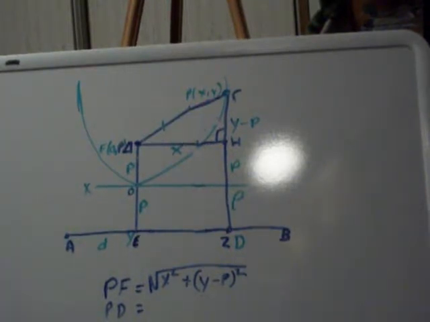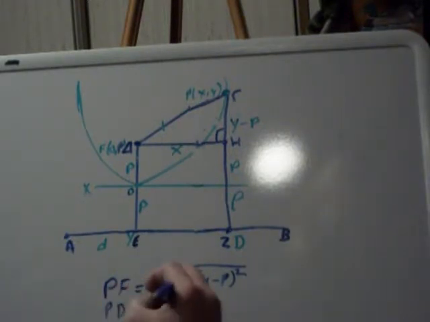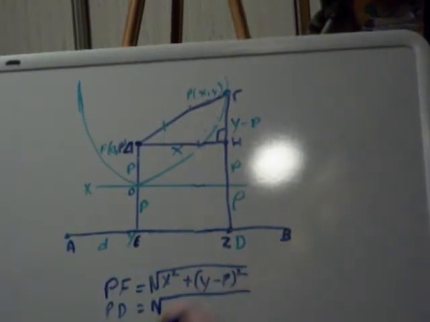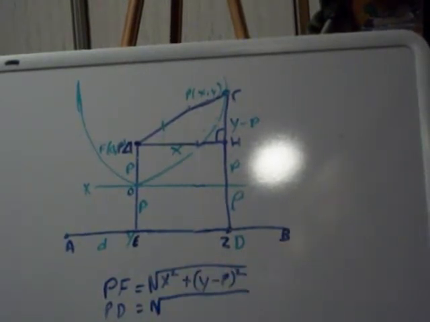If we're establishing that PF and PD are the exact same length, which I know they don't look the same length, but they actually are in this figure. So what is the length of PD? Well, the length of PD is x squared plus y minus p, and that's lowercase p, by the way. Both of these are lowercase p.